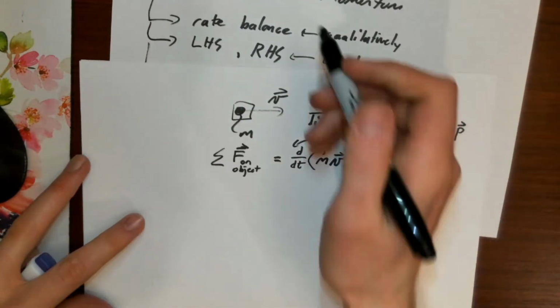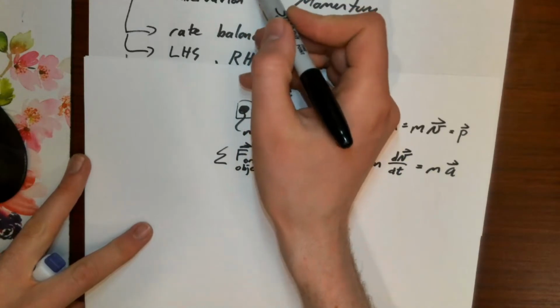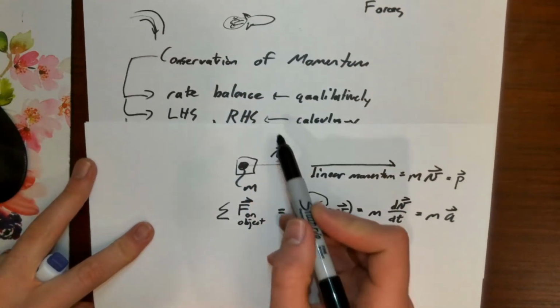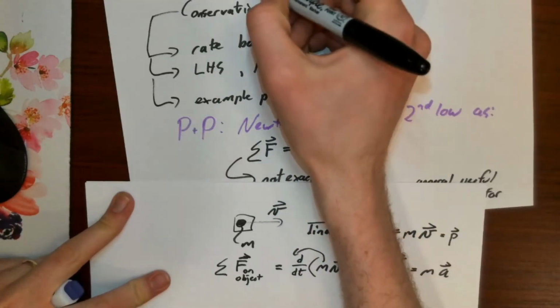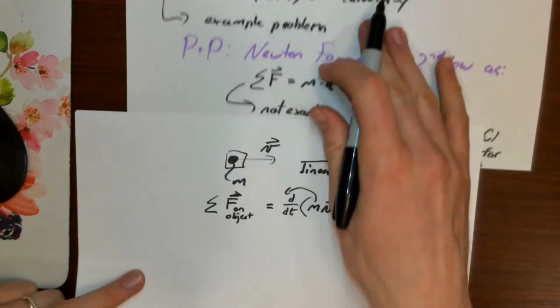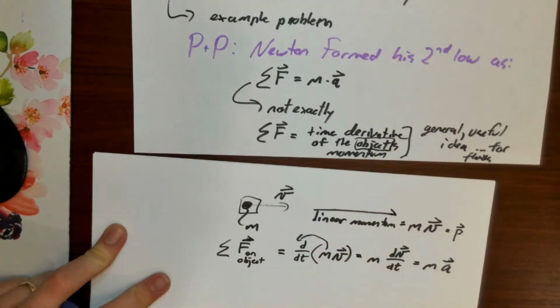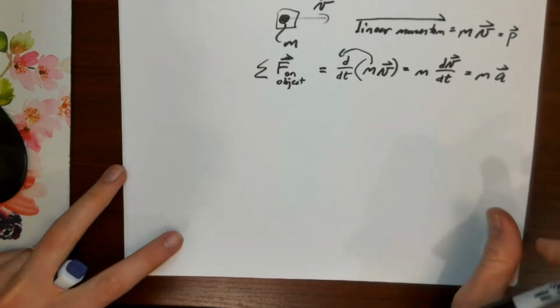So there's not really a single object here that's accelerating. I'm going to need to use this more general idea of momentum when I'm talking about fluids. So let's proceed with doing that.